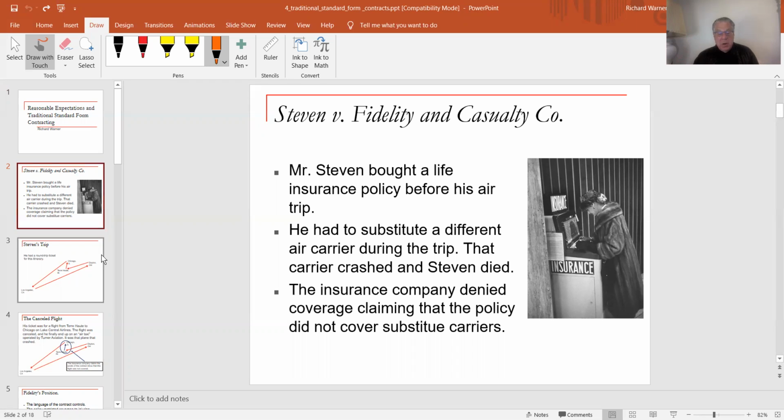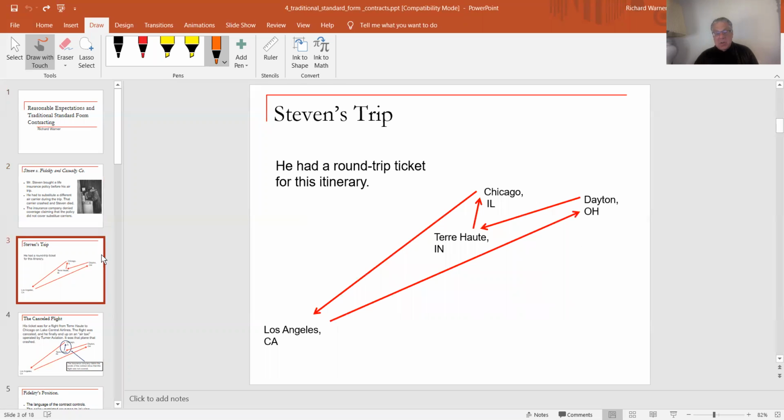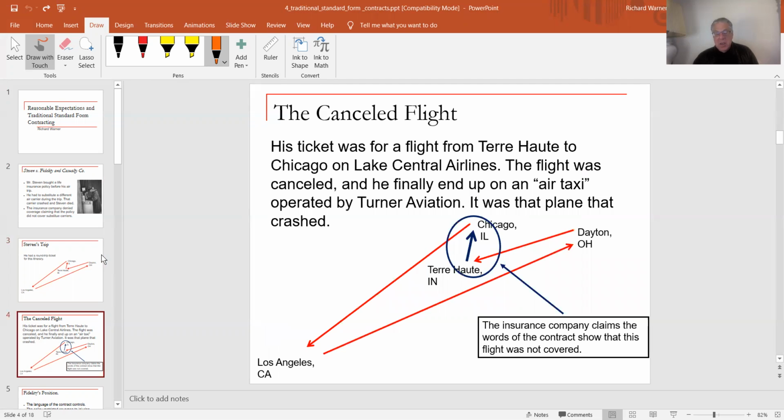So let's get a little background. There's Mr. Stevens' trip. He was going from Los Angeles to Dayton, Ohio, to Terre Haute, Indiana, to Chicago, and back to Los Angeles. And it's this flight from Terre Haute, Indiana to Chicago that got canceled, and that the insurance company claims he's not covered for that flight.